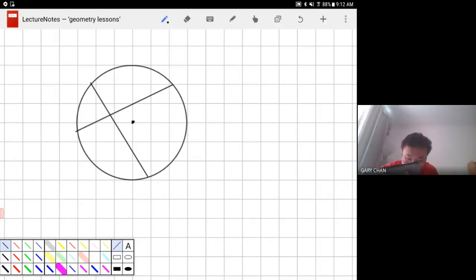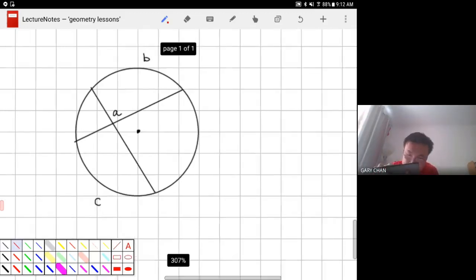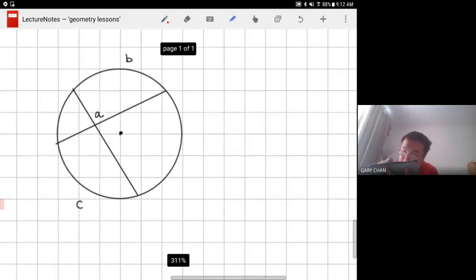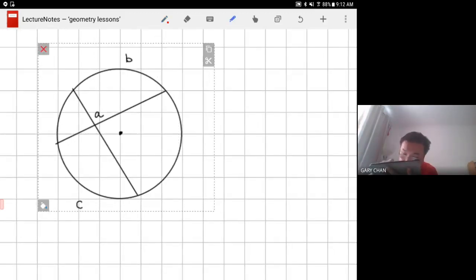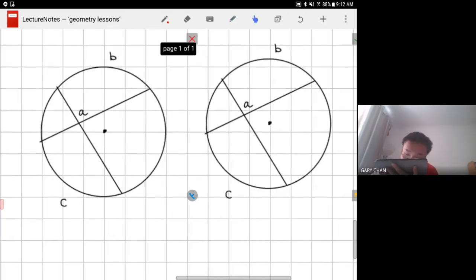In other words, let's say this is angle A here, this is arc B, and this is arc C. I'm going to try to figure out a relationship between these three things, if there is one. Now I'm going to copy this diagram and redraw it so you can see how I'm transitioning.